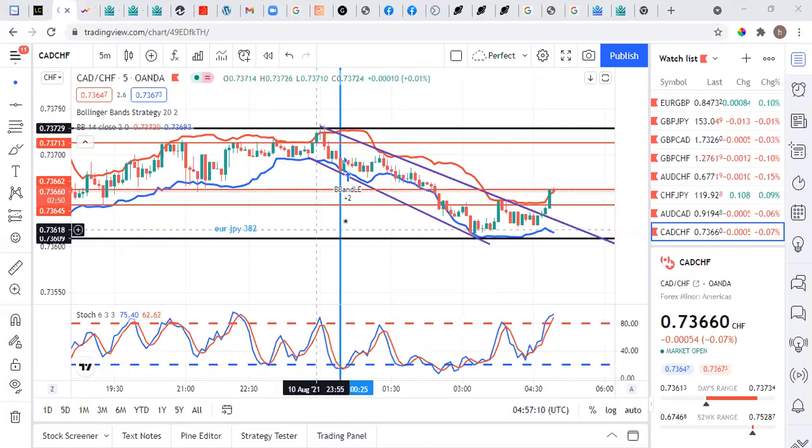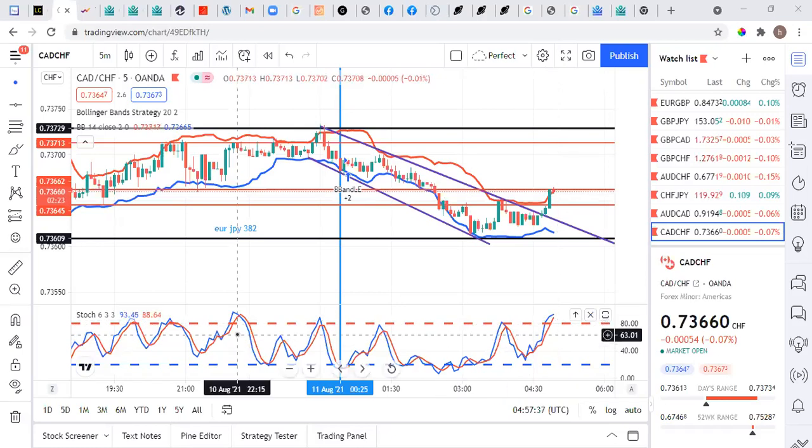So it's crossed up here. The former support line is always a new resistance line. This was a support line, so let's see if it's going to respect that area. Your stochastic has not given us confirmation to even sell yet, because it has not crossed down. We want it to cross down. Whenever it wants to come down, the red line will come above the blue line.